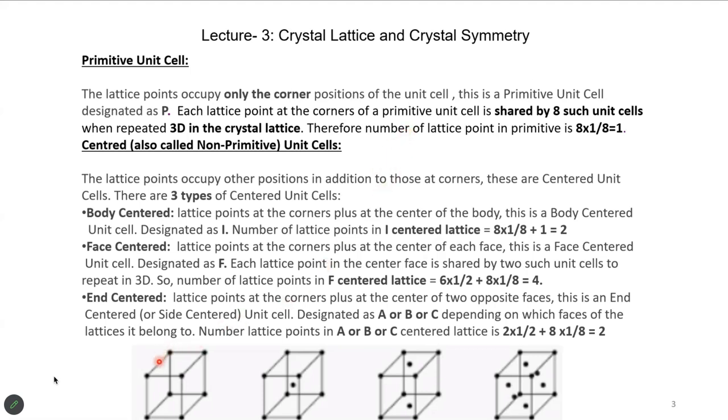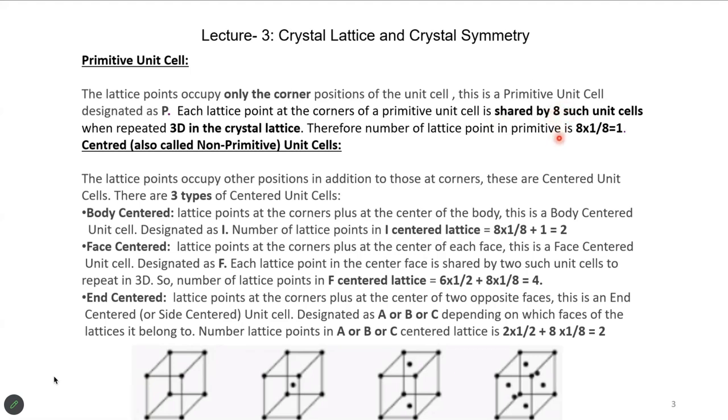Again, we will see that a unit cell is shared with 8 unit cells when we arrange it three-dimensionally. So a lattice point in a primitive unit cell is shared by 8 unit cells.